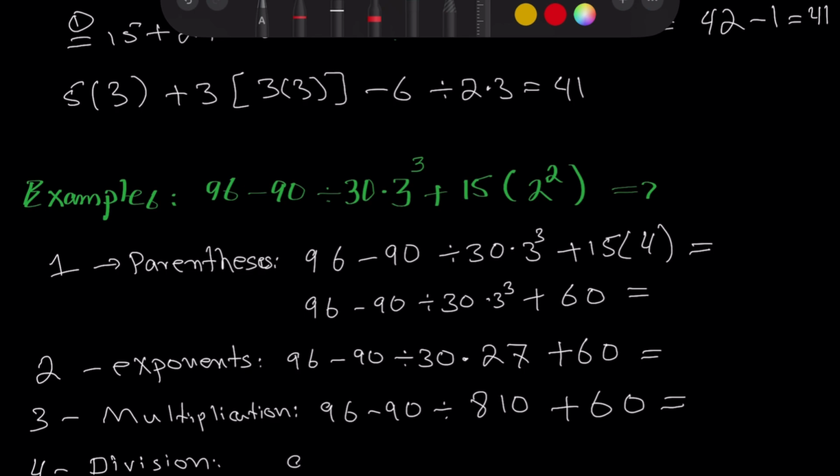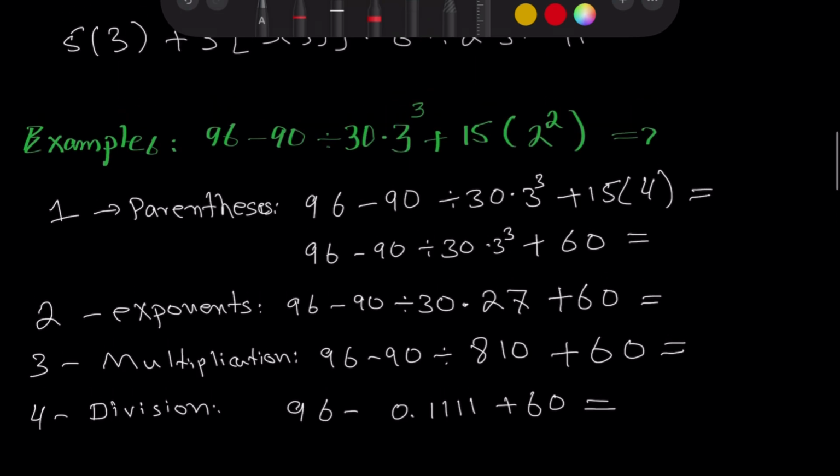So 96 minus, 90 divided by 810 will be 0.1111, and I will just say it's a repeated number, plus 60. Okay, the next step is almost the last step. Step 5 is addition.